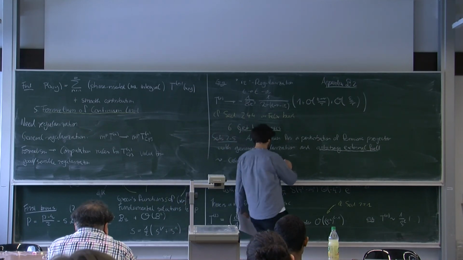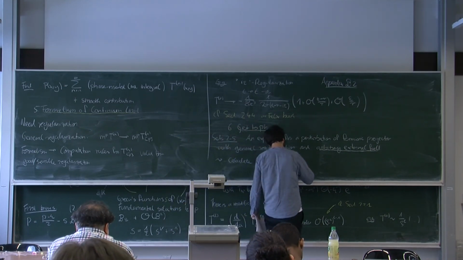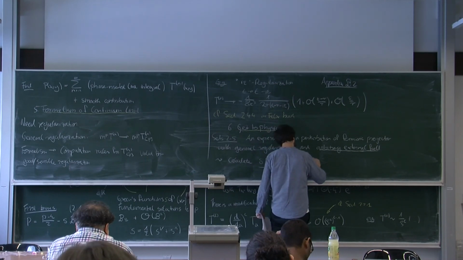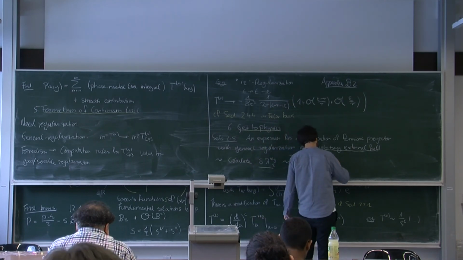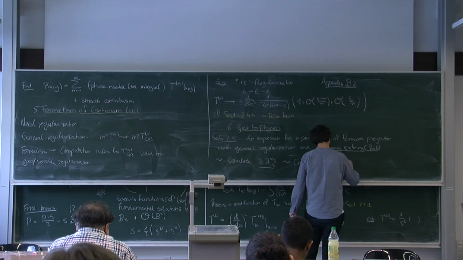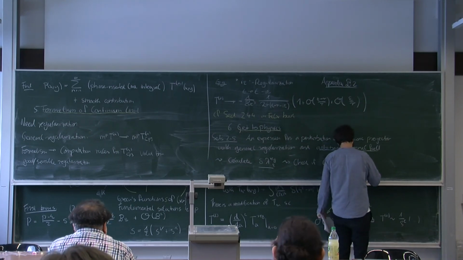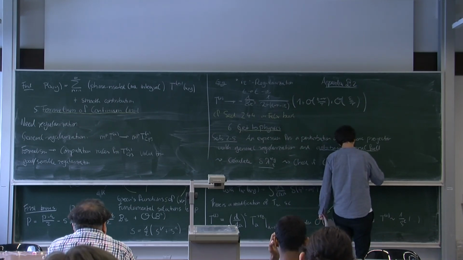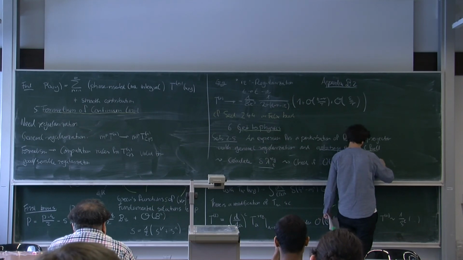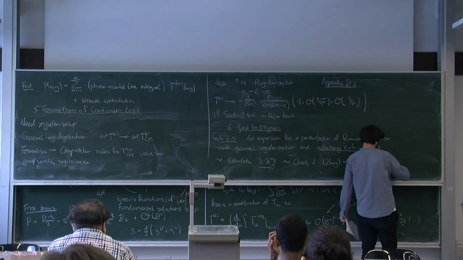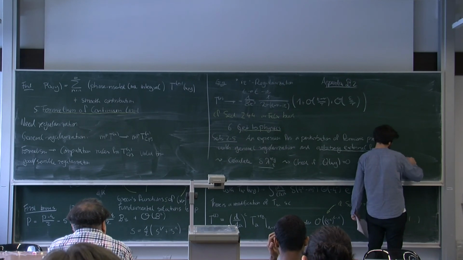And then we can check if Q of xy is equal to 0, order for order on the light cone.